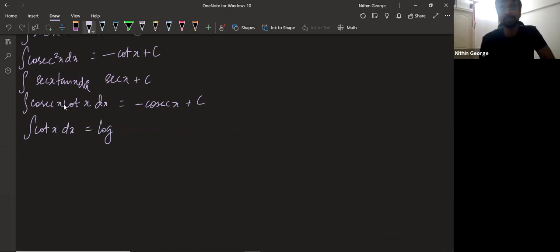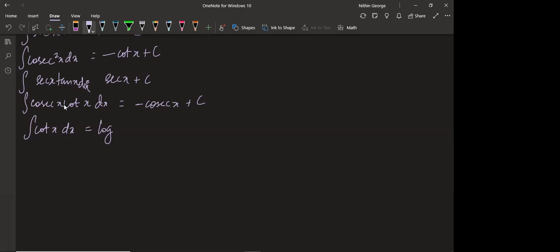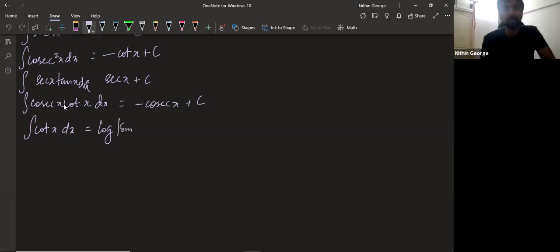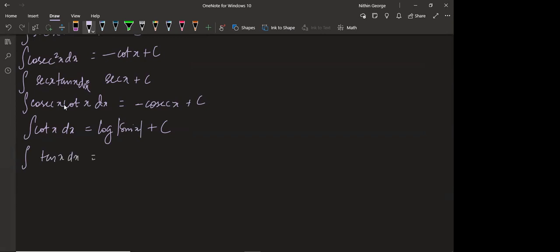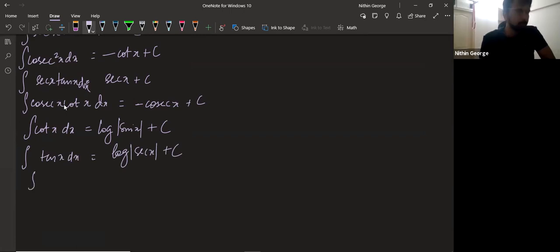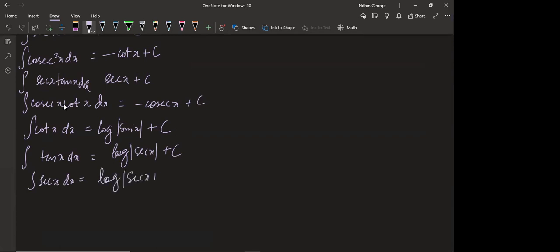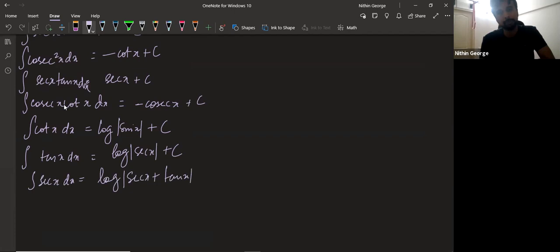You differentiated this in your mind. Log mod sin x plus c. Okay. Integral tan x dx: log mod sec x plus c. Okay. Sec x dx: log mod sec x plus tan x plus c.